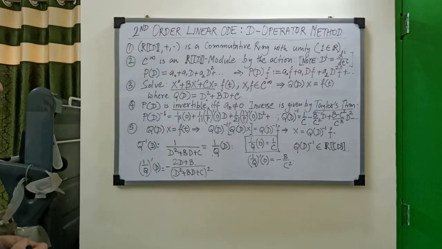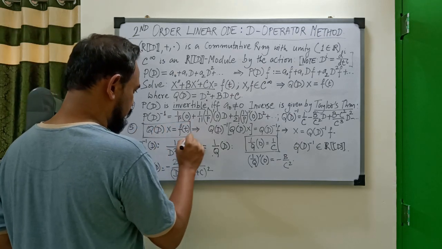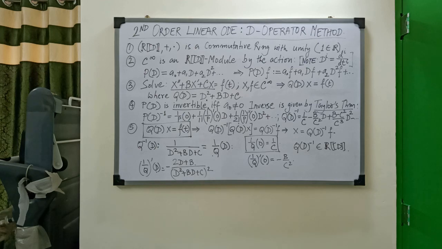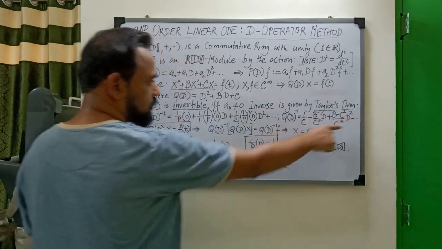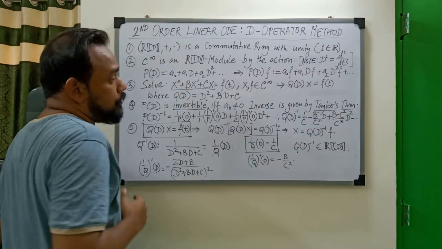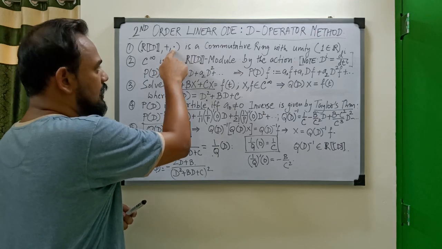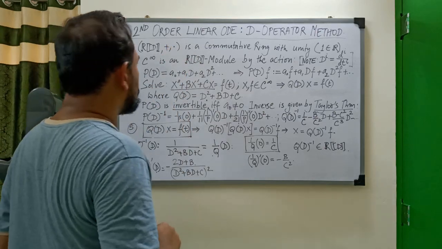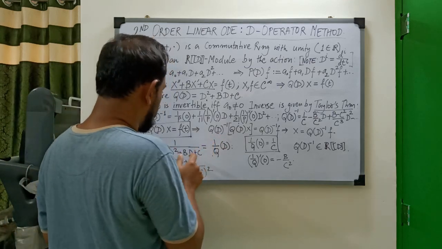So, coming to what we are doing, we're solving this differential equation. But for QD, I have found a QD inverse given by this power series. So I can multiply, in the sense of the multiplication given in RD.